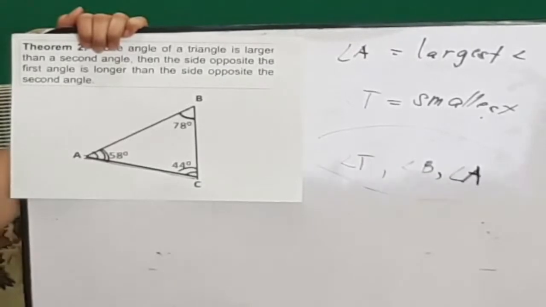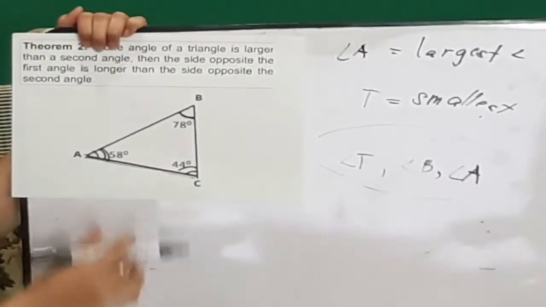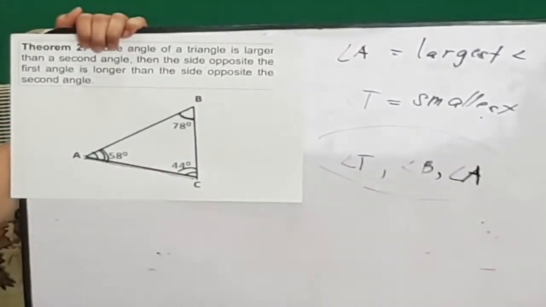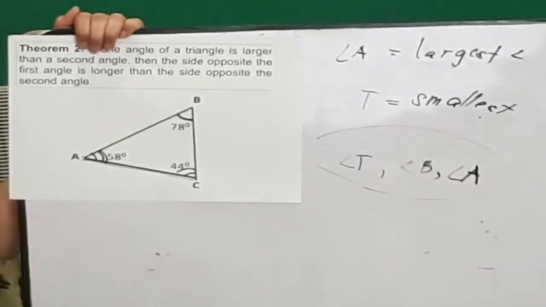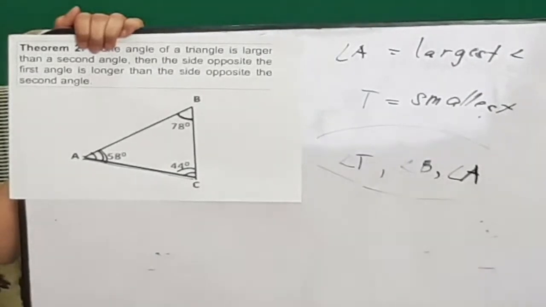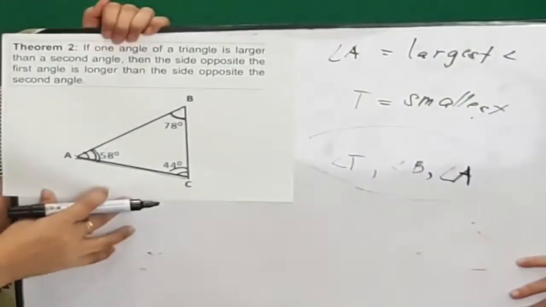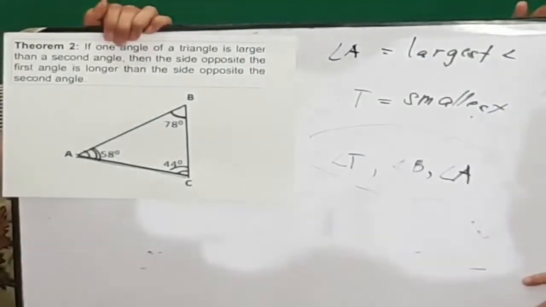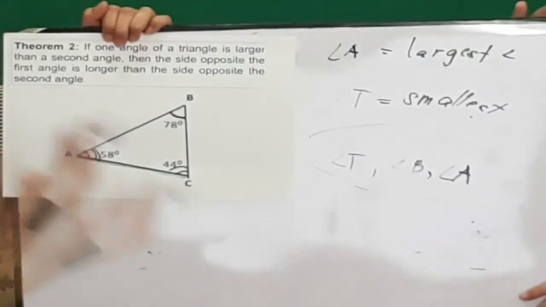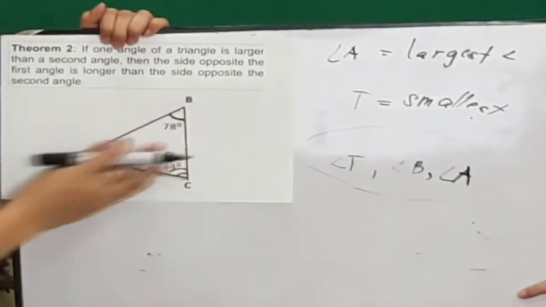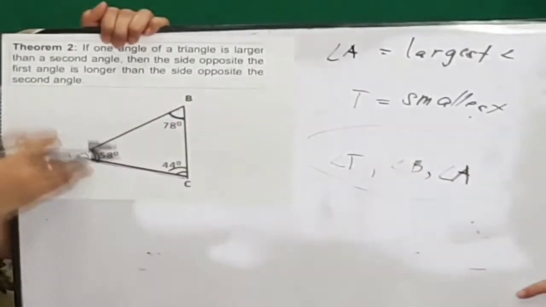In the figure alone, it may not look like the shortest. But actually, based on the given and also the theorem, we can say that the opposite side of the smallest angle is the shortest side. So, some figures can be deceiving. So, we base on the given.